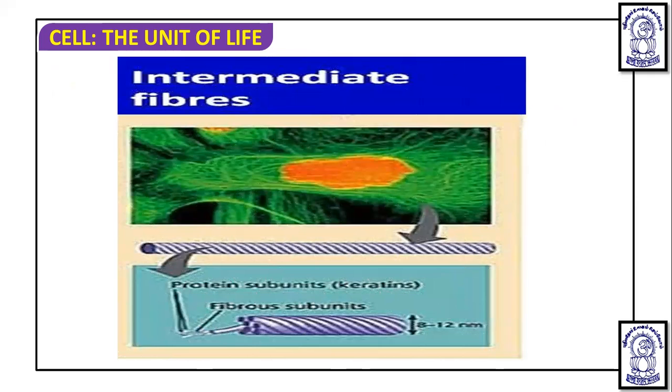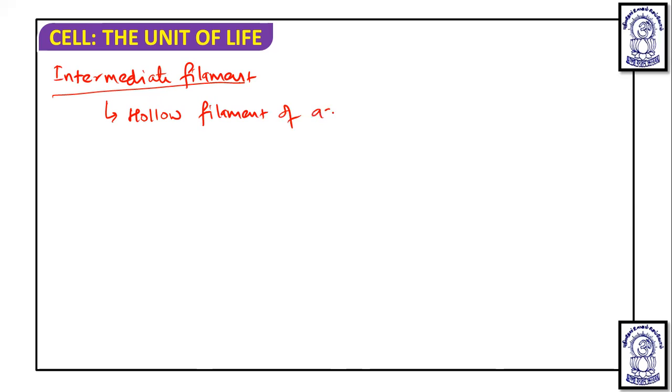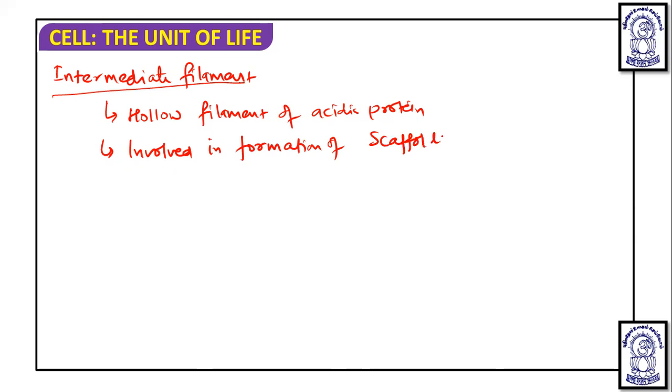Now, intermediate filaments are not very prominent, but it is known that these are hollow filaments of acidic protein, and they are involved in formation of scaffolds for chromatin, and in forming a basket around the nucleus.